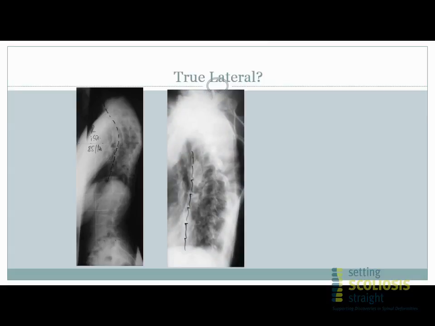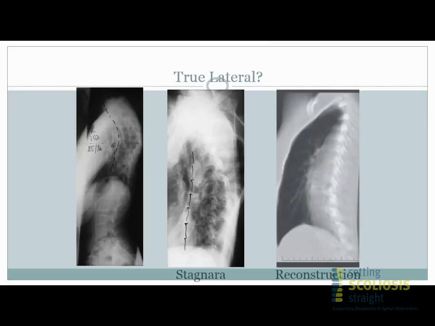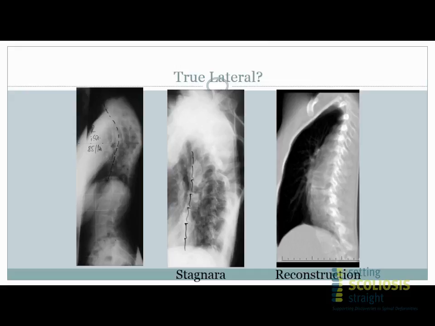If we change the view to shoot the x-ray in line with how that curvature is, it looks a little bit straighter. But with a true three-dimensional understanding of what that spine looks like, here's the front, here's the back. The spine in its true position is actually very lordotic or hypokyphotic. It really sticks in.